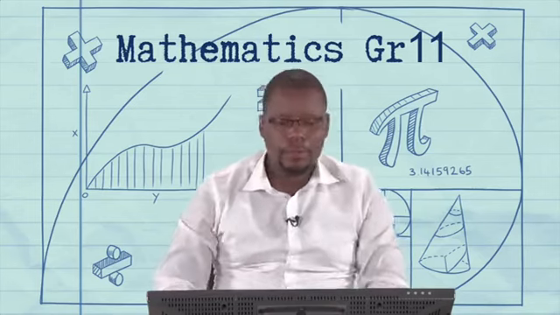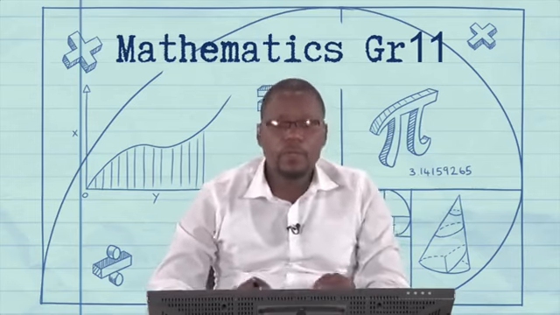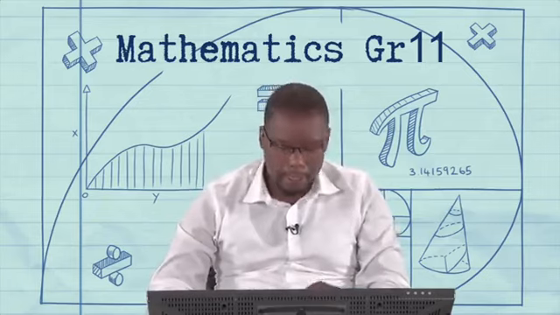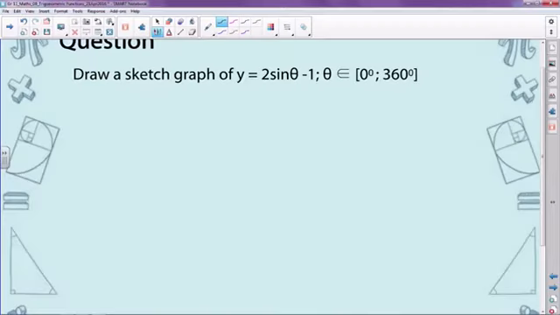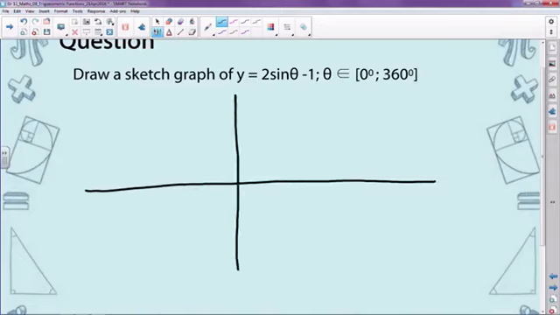All right, boys and girls, let's just check. You've got y equals to 2 sine theta minus 1. And then as we are saying, we need to start from the parent function, y equals to sine x. Okay, now this is our Cartesian plane. All right, starting from 0 to 360, you've got 90 degrees, 180 degrees, 270, and then 360.